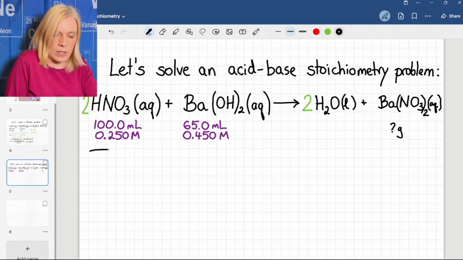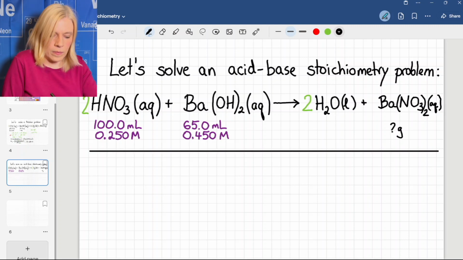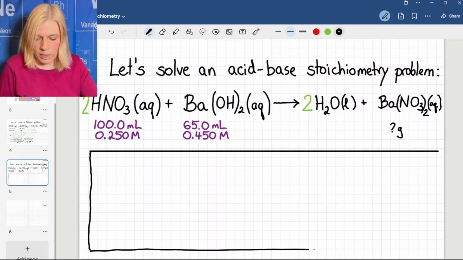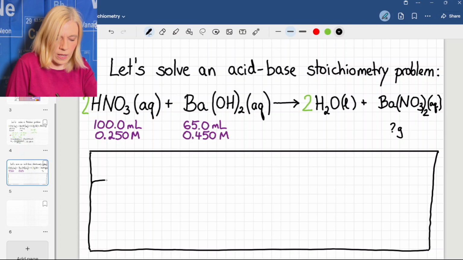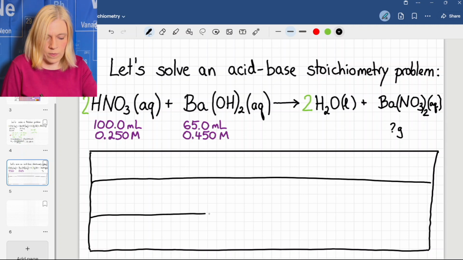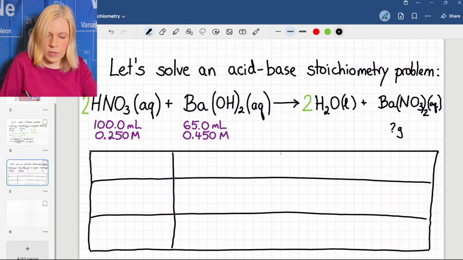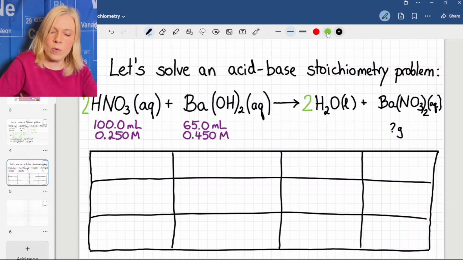So let's go here and just follow the grid lines, and I'm going to fill this in really fast. In a stoichiometry table, I need to put moles in here.